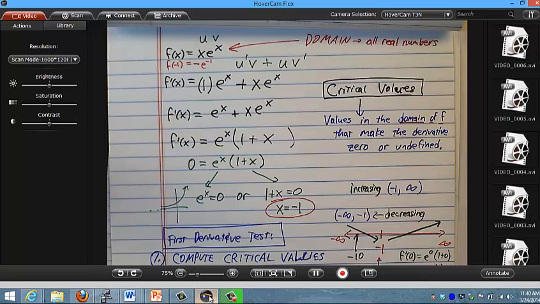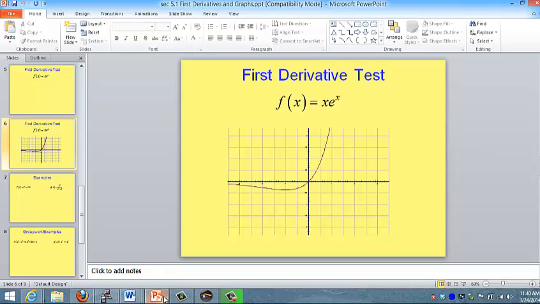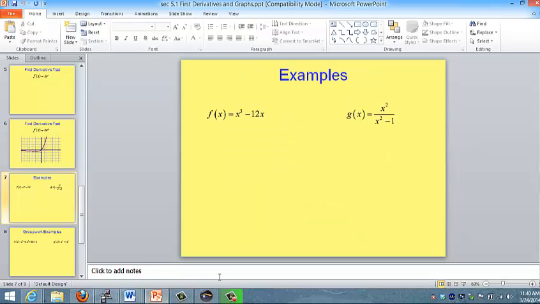That's a good point. All right, so let's go back to another example here. Here's 2 more examples that I'd like to do with you, and then I'm going to turn you guys loose on a group work, I think, for the end of class, okay? But I'd like to do these 2 examples because they kind of are a little bit different. So the first one I have the function x cubed minus 12x.